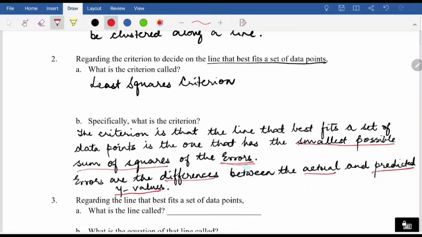Errors are nothing but the distance, how far the actual values are from the predicted y values. What are predicted values?